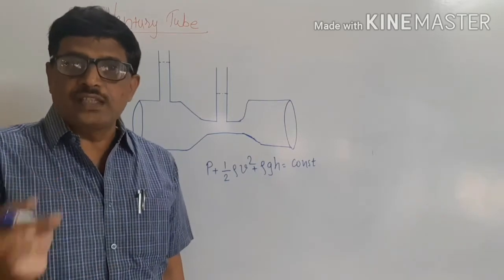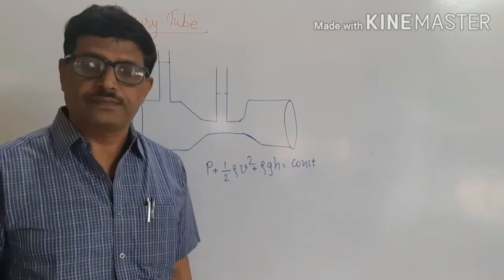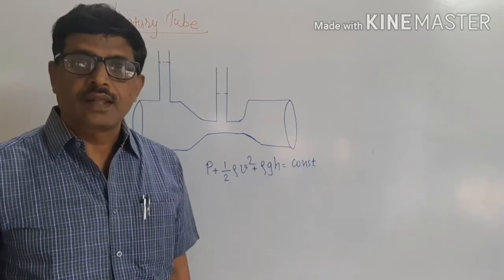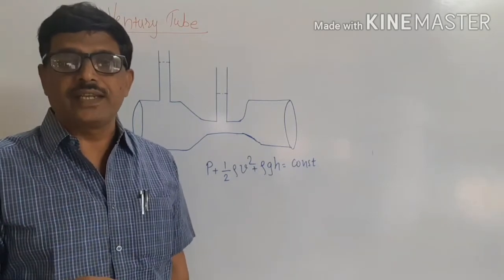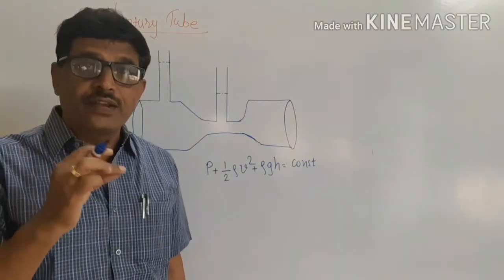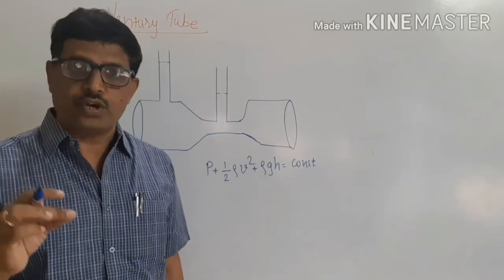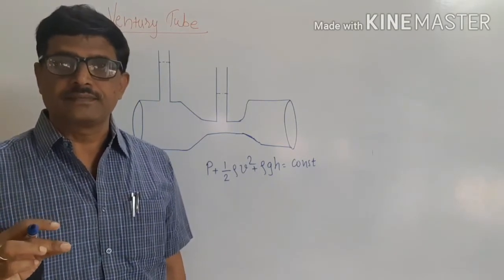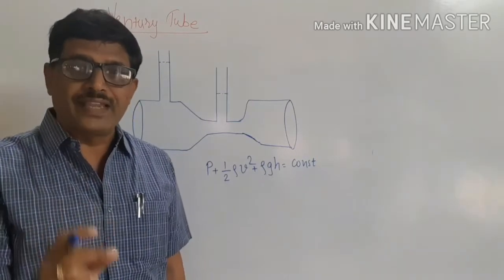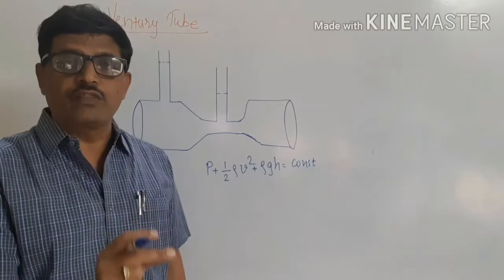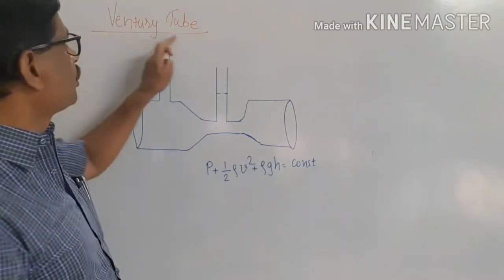Now, using this Bernoulli's principle and Bernoulli's equation, we are able to find out the velocity of a flowing fluid. For that, a tube designed to measure the velocity of the flowing fluid is called a Venturi tube.